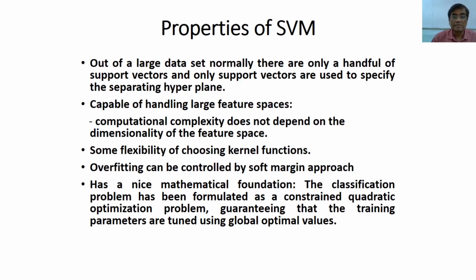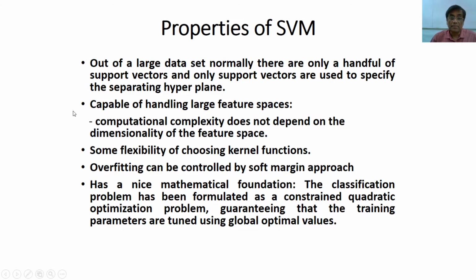So we will now conclude with the properties of support vector machines. You have seen that the support vector machine has very good properties. For a large data set there will normally be a handful of support vectors, which are specifying the separating hyperplane.